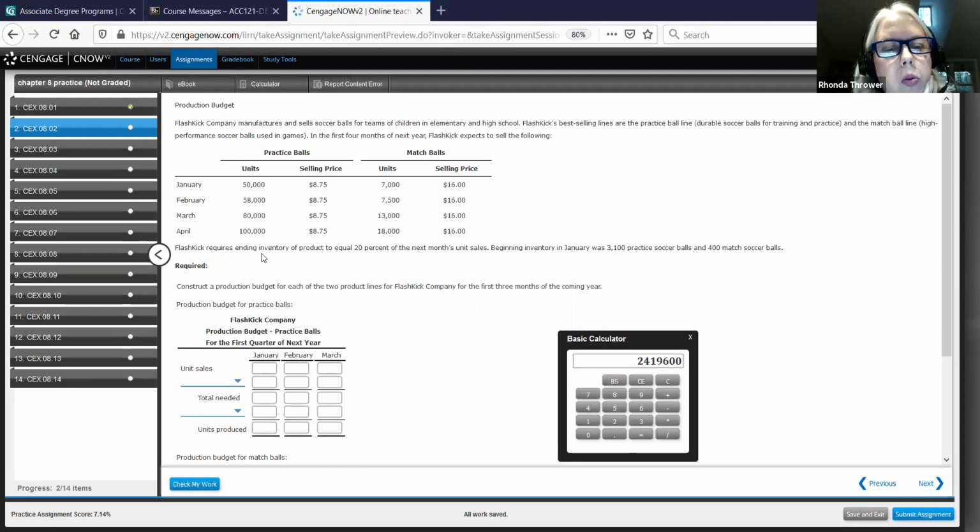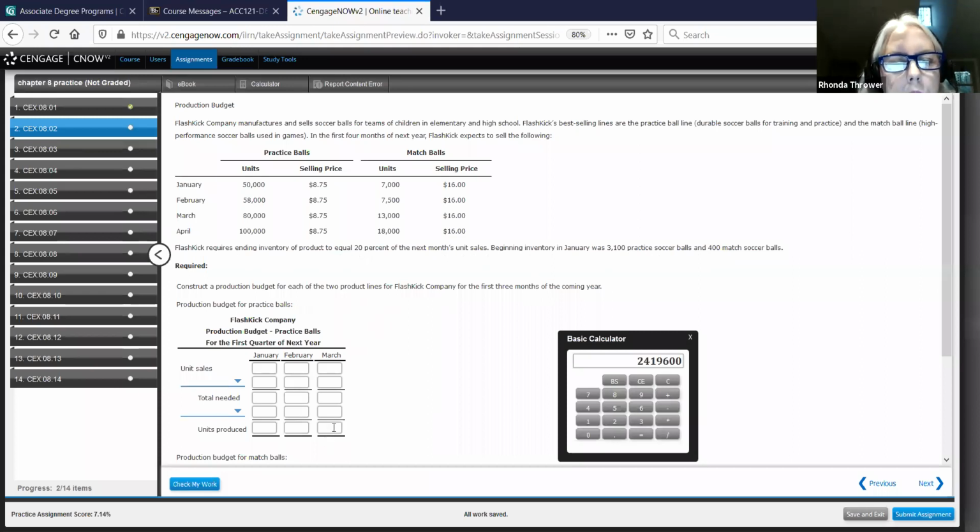Flash Kick requires that, now they've given you this additional information here. Flash Kick requires ending inventory of the product to equal 20% of the next month's unit sales. Beginning inventory in January was 3,100 practice balls for soccer and 400 match soccer balls.